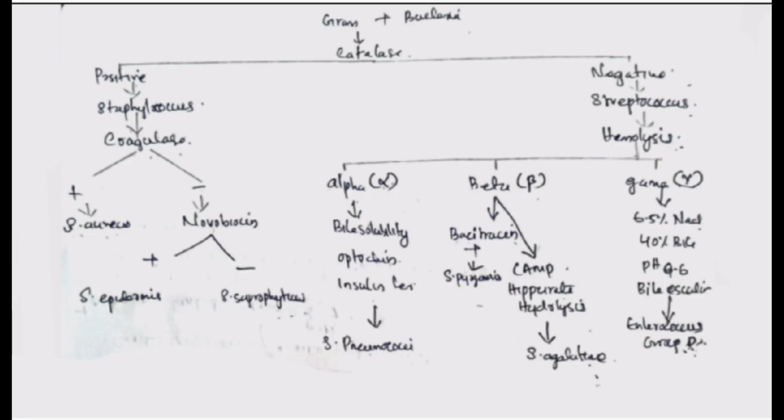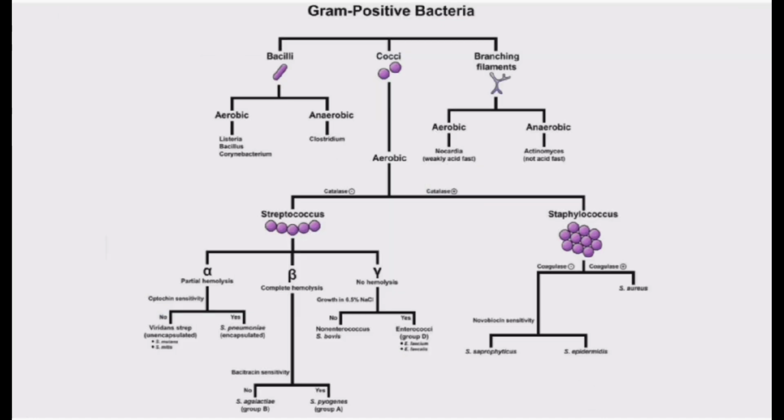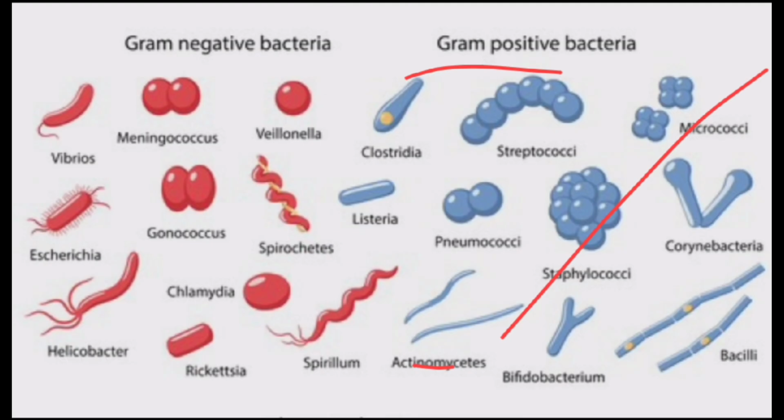Here, I've also shared an image of gram-positive cocci to help you visualize their arrangement and features. I hope you have understood the lecture clearly. My aim here was to give you a basic yet structured outline so that you can learn the details later without any confusion. Once you keep this framework in mind, studying each organism in depth will become much easier.